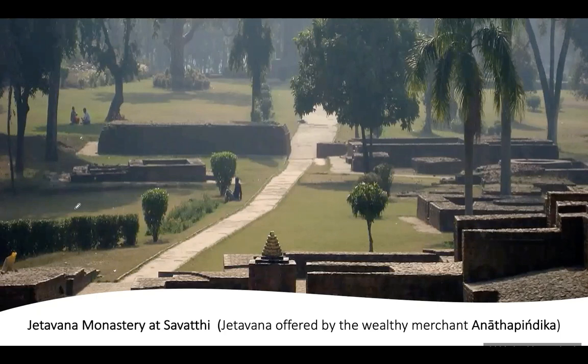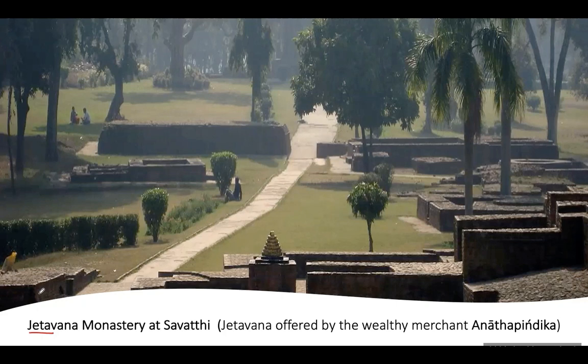Shortly after, Anathapindika looked for a peaceful, secluded place very proper for Buddhist practice. But that place belonged to Prince Jeta. Jetavana, or Jeta Grove, takes its name from Jeta, a prince who was the son of King Pasenadi of Kosala.